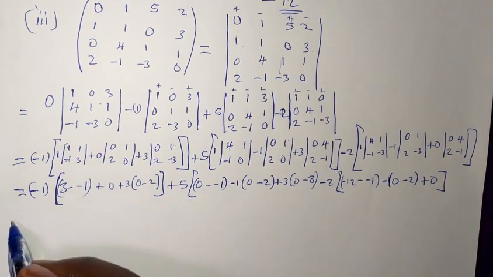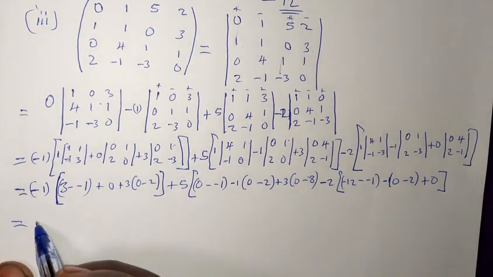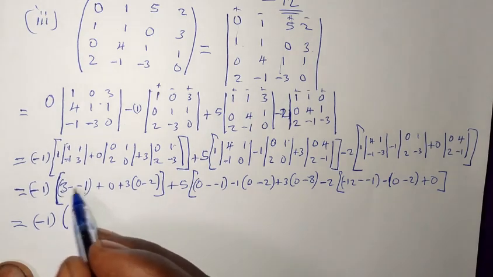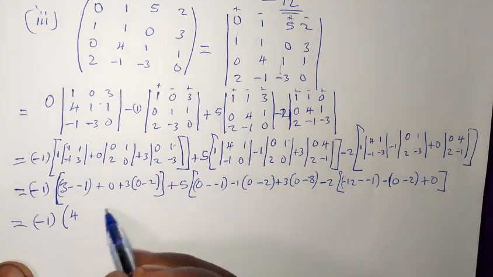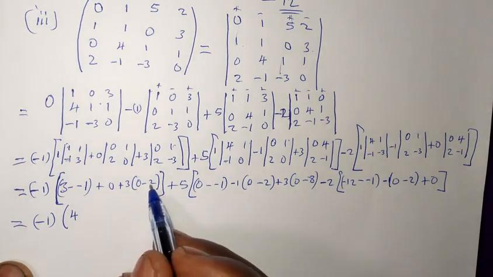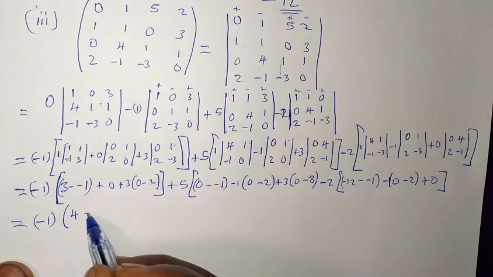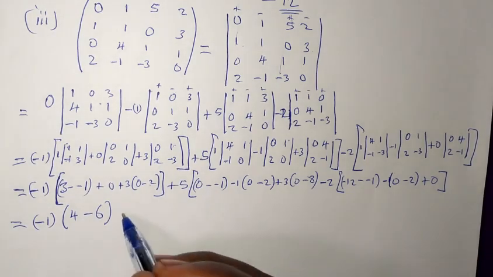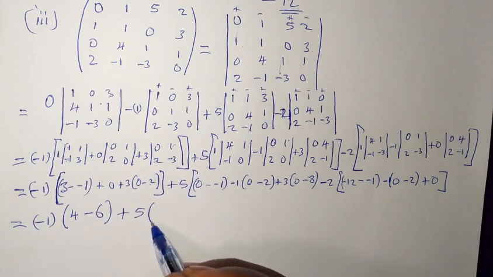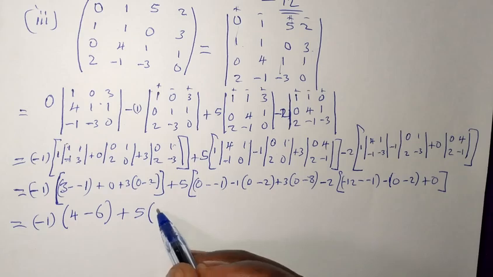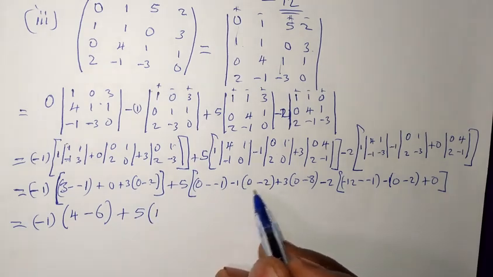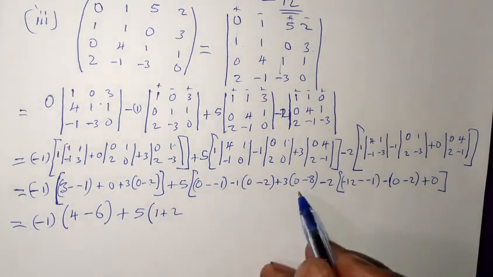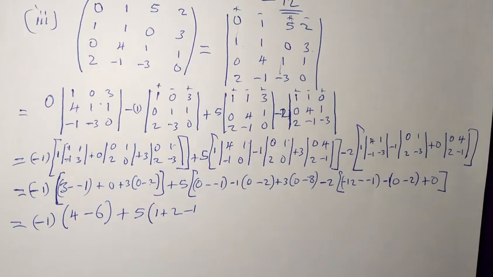So this will be equals to minus 1 in bracket. This is 4 0. This one will be minus 2 times this, it gives us minus 6. Okay, then plus 5 open bracket, this is 1, and then minus times minus is plus 2, and then minus 24.